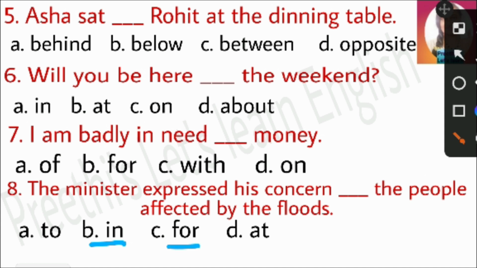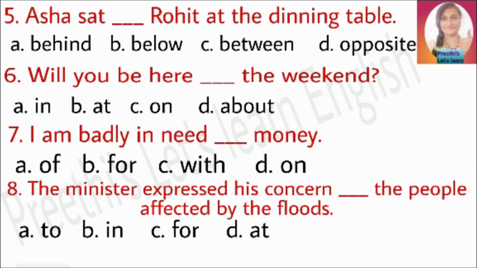Okay, for is used for some people, somebody, and at is used for something. So the correct answer for the eighth one is option C, for. The minister expressed his concern for the people affected by the floods. Option C, for, is the correct answer.